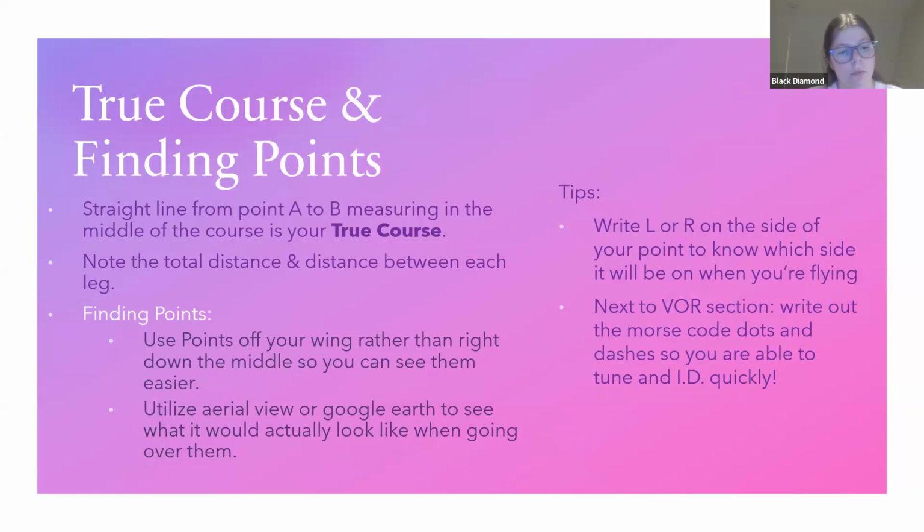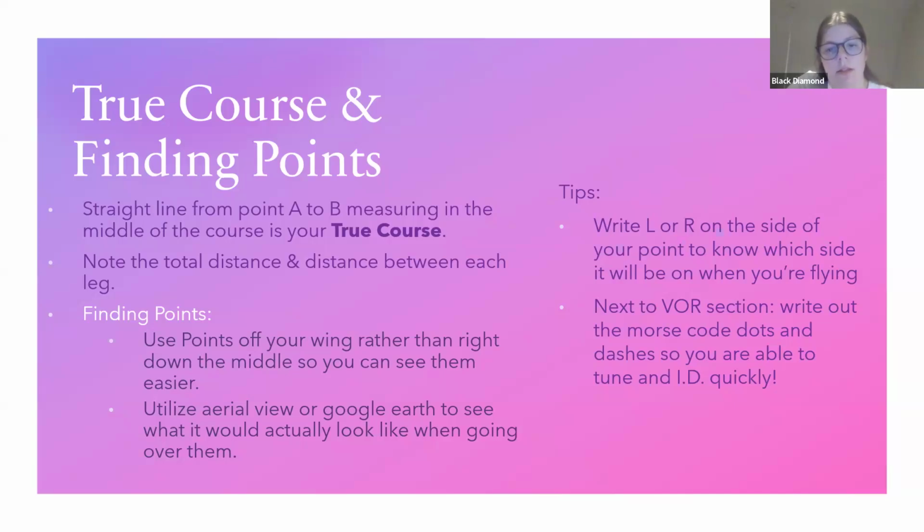But if you're unfamiliar with the area, especially for a check ride situation, if an examiner gave you an example of somewhere that you've never been, I really recommend utilizing aerial view or Google Earth so that you can see what's around there and what it'll actually look like when you're in the sky. Sure, it may have it on the sectional as a plant there, but what if it's not actually that visible? It's covered by trees or something. So it's just a good tip to see what the aerial view would look like, so that you can actually see what it would look like when you're flying.